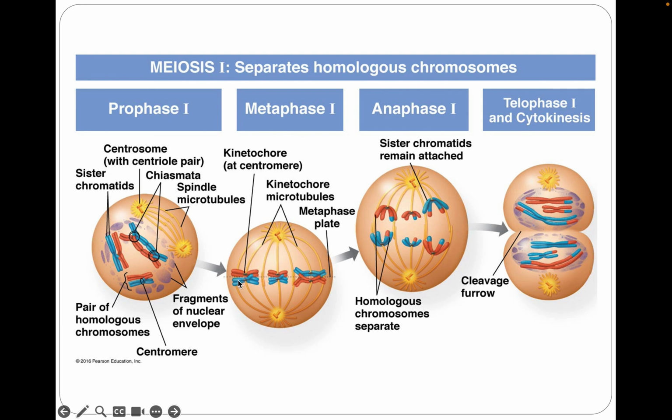So you end up with unique genetic conditions that you didn't see in the parent, right? Neither parent has a chromosome that's blue and red. So we get unique genetic variation that occurs during crossing over.